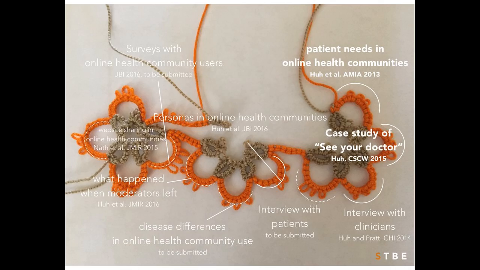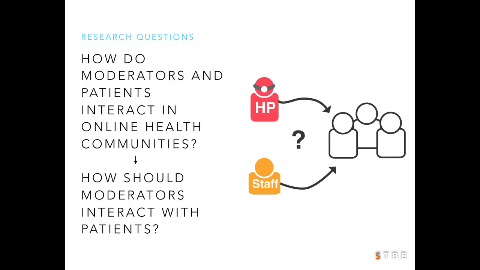So these are the works that came out of looking at the social aspect of this project, and I'm going to walk through a few of them. The primary research questions that I'm going to talk about in the next few slides are: how do moderators and patients interact in online health communities, and how should moderators interact with patients?